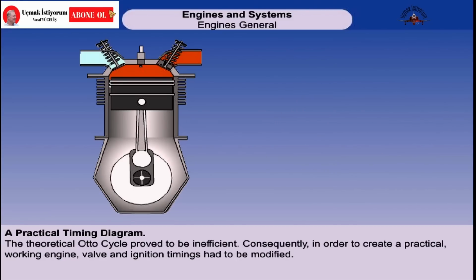In practice, the Otto cycle proved to be inefficient, and the times of valve openings and closings and the ignition point had to be modified. A practical timing diagram will help to illustrate the reasons for the modifications.